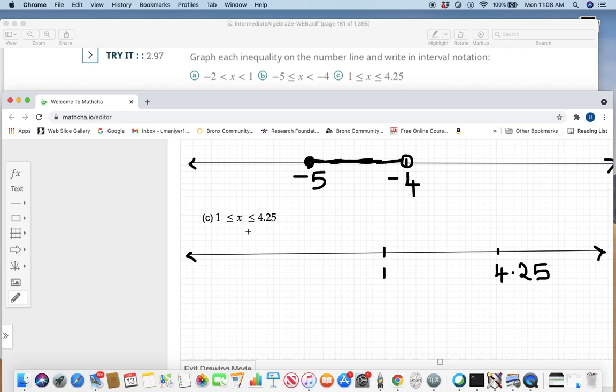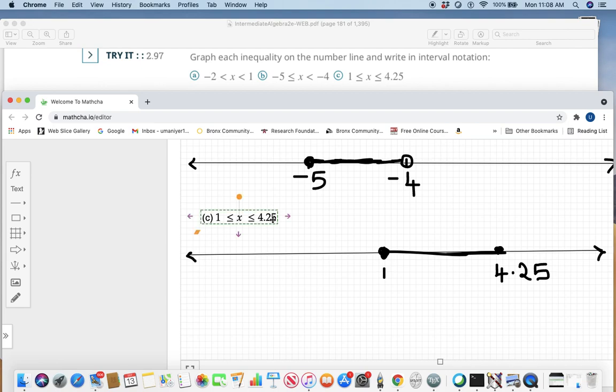That means x is between these two numbers. 1, equal is allowed, so 1 is a filled in point. Likewise, 4.25, equal is allowed, so it's a filled in point, and x is between these two points, including the endpoints.